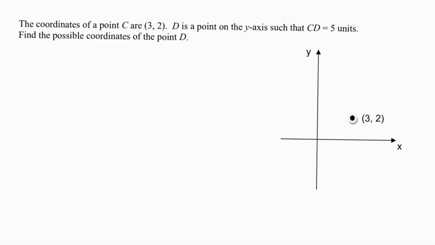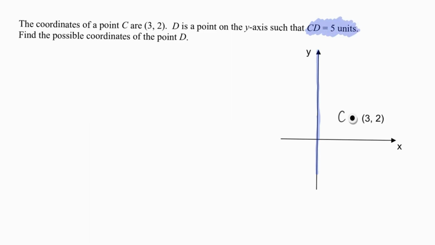Hello everyone, welcome to this problem where we are given point C as 3, 2 in the diagram here. And point D is somewhere along the y-axis such that the length of CD is 5 units.